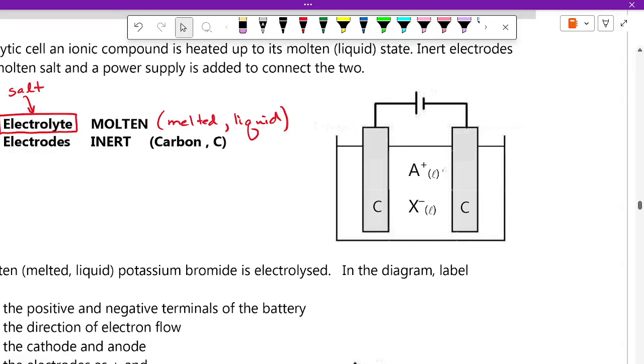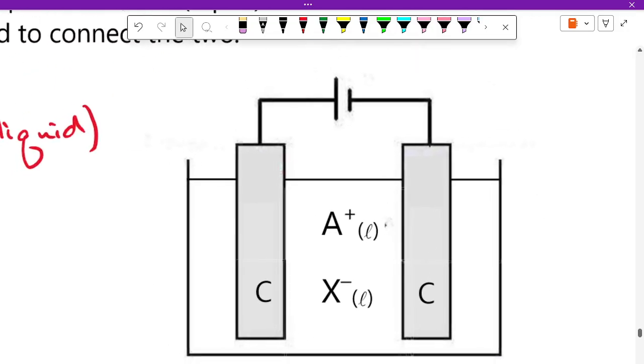While we're here, could you please label the cathode and the anode on this cell?